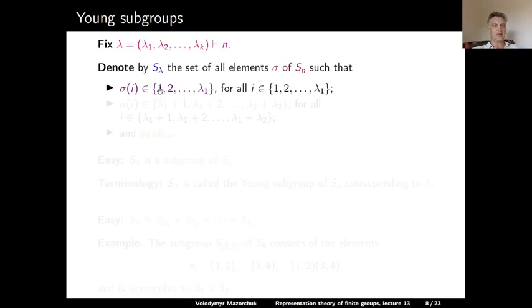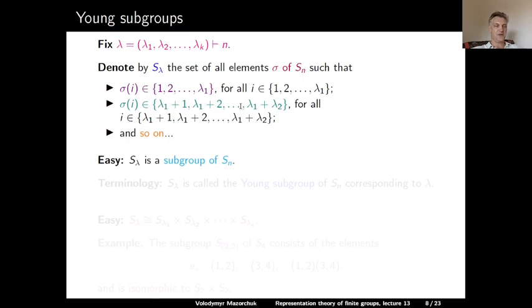So if you take an element between 1 and lambda 1 and apply sigma, you end up in the same set of elements. Then sigma permutes the elements from lambda 1 plus 1 until lambda 1 plus lambda 2. So if you take any element from this set and apply sigma, you end up in this set, and so on. It is very easy to see from the definitions that S lambda is a subgroup of Sn.